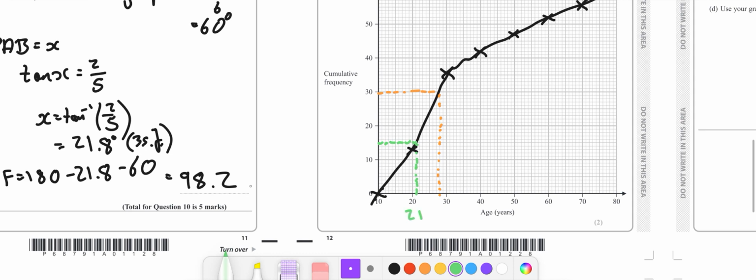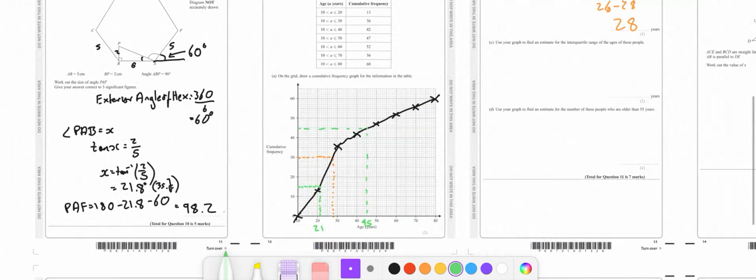And the upper quartile is 45. So the interquartile range is 45 minus 21, which is 24. And as long as you're in the ballpark 24 to 28, you've done the right thing, then you get the marks.